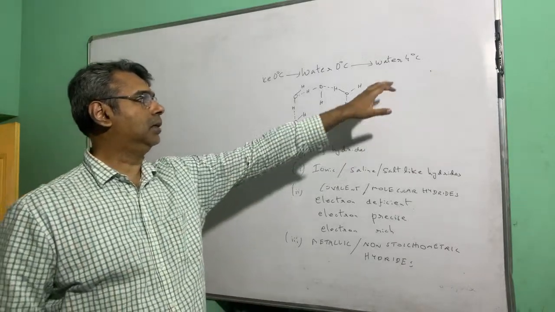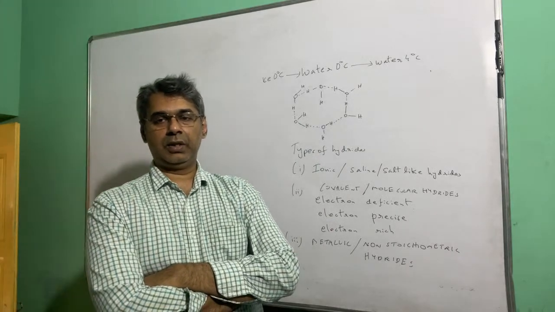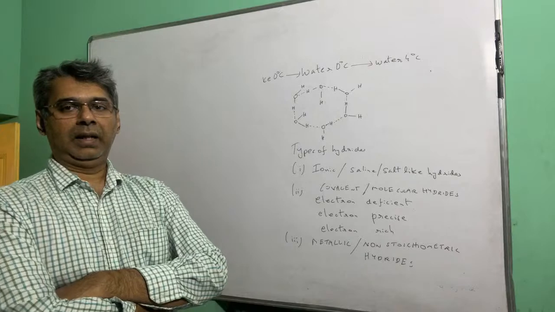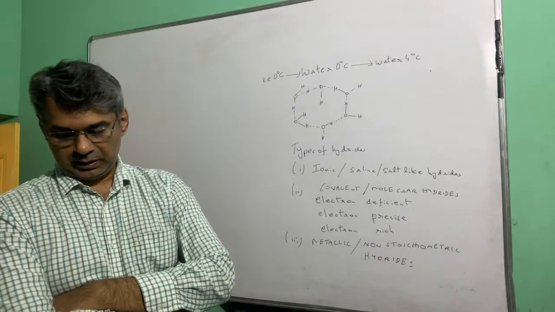Finally, when the water reaches 4 degrees Celsius, the cage-like structure completely collapses, and that is why we say that water has maximum density at 4 degrees Celsius.